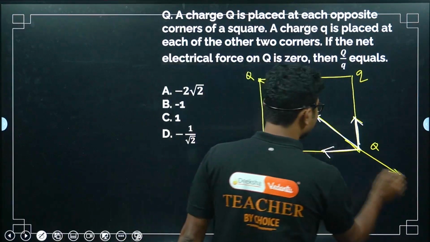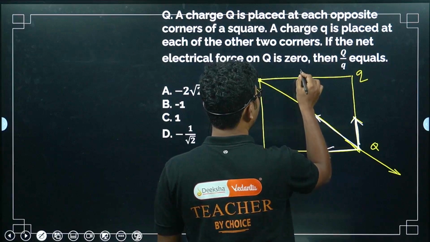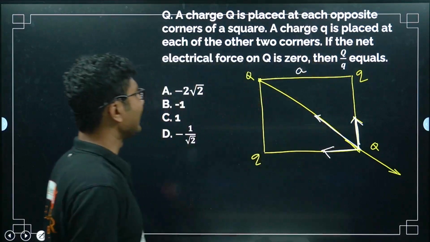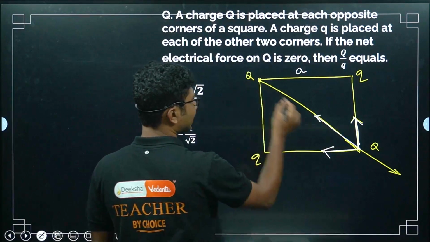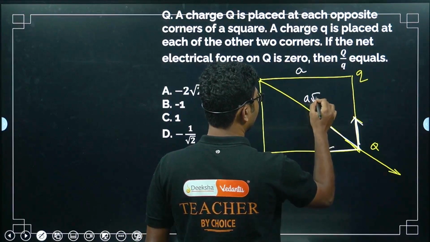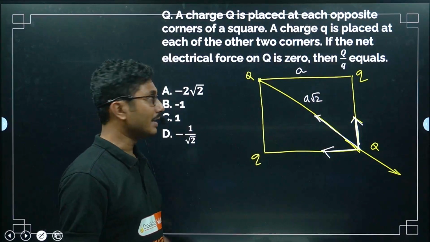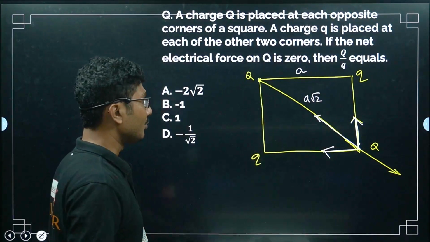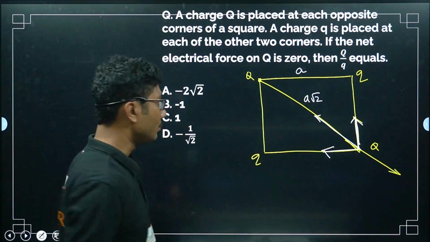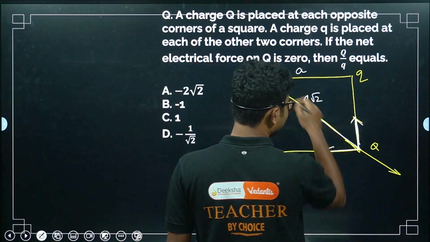Now what is this force? First tell me what is this distance. If the side is A, then what is the distance between these two corners? Distance will be A root 2. We know that already. We have solved a similar problem during our lecture, where we already know that the distance is basically A root 2, right? Now if this is A, then this is A root 2.